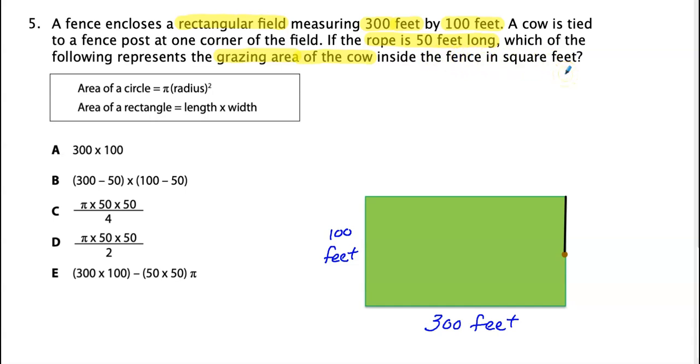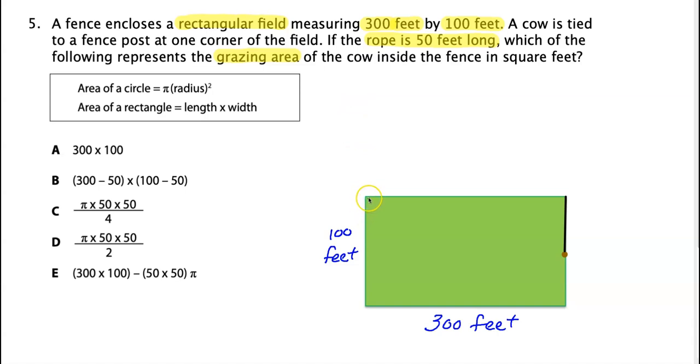So I drew a picture ahead of time. Now in my diagram here, the rectangular field has the dimensions of 300 feet by 100 feet, and I got that from right here. So in short, this rectangle in green represents the field right here.